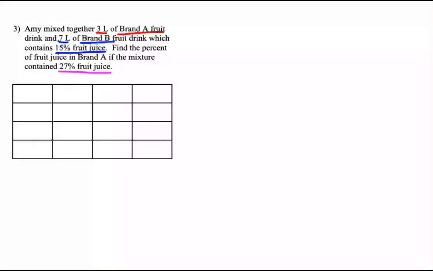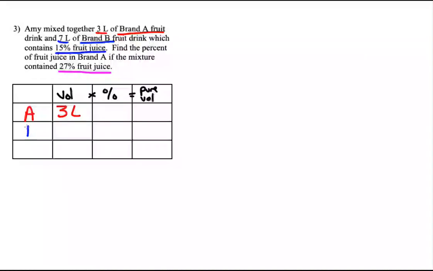So what we know is that if we take the volume of the fruit juice mix and multiply that by the percentage of actual fruit juice in it, we're going to get the pure volume of juice. So we'll call this the pure volume. This is the volume of pure fruit juice. And what do we know? Well, brand A is 3 liters.